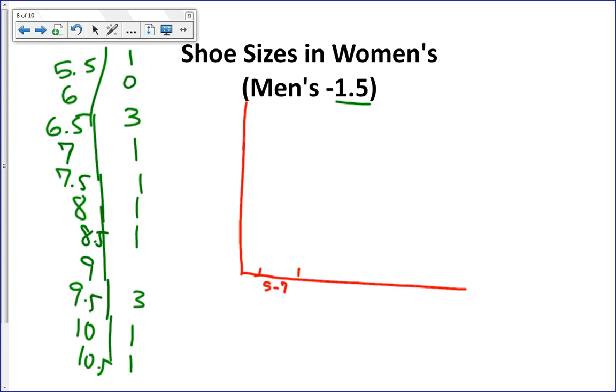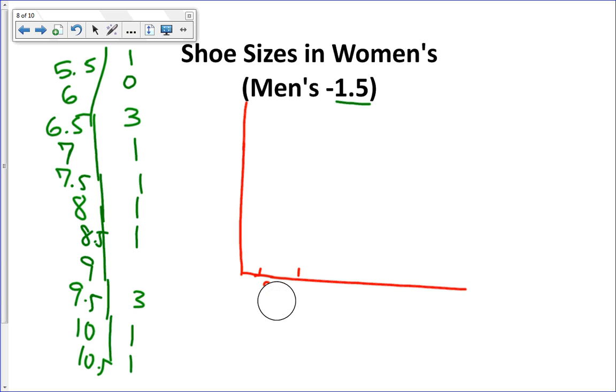Is 7 in the next one or the first one? Is it 5 to 7 and 7.5 to 9, or is it 5 to 6.5, 7 to 8.5? Where does 7 go? Does 7 go up or down? We have to decide, though it doesn't matter. Up. 7 goes up.